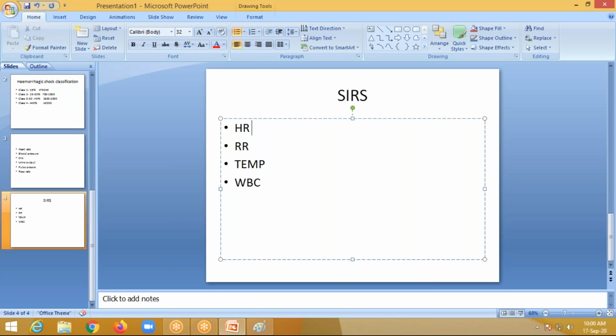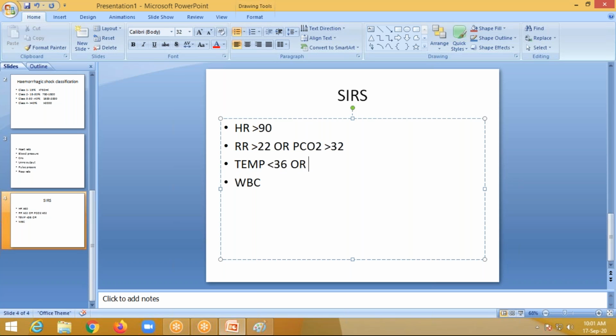Heart rate more than 90, respiratory rate more than 22, or PCO2 more than 32, temperature less than 36 or more than 38.